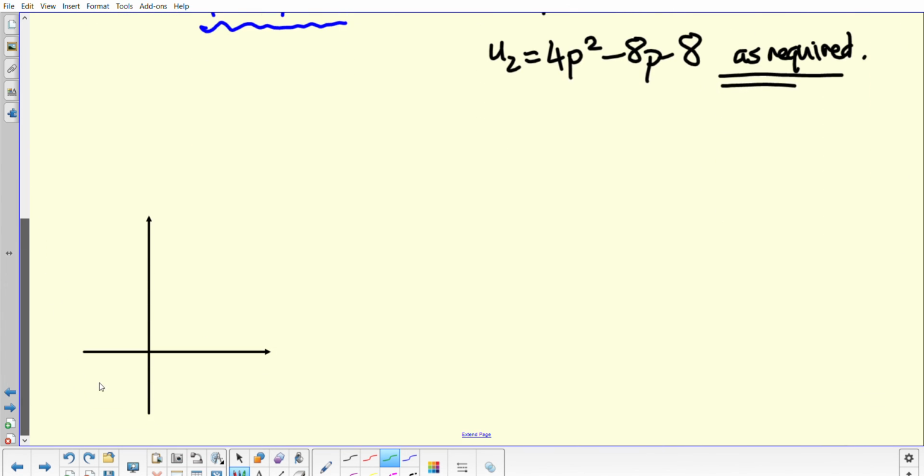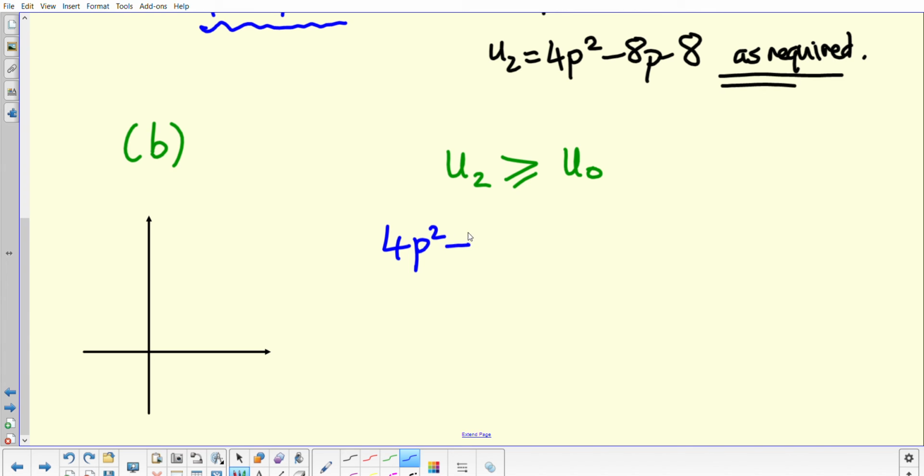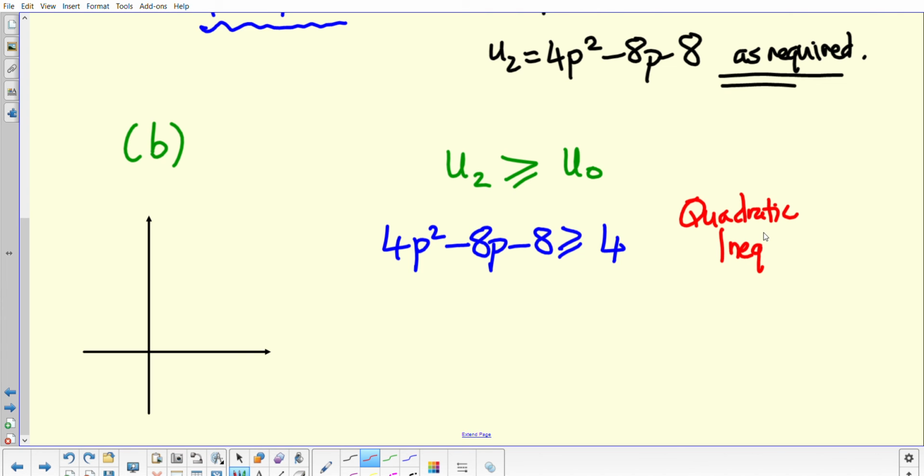So really that's your starting point when you do the part B. Now you have just written down an expression for u2, so you're going to write down 4p squared minus 8p minus 8 is greater than or equal to, our u0 had a value of 4. You were told that in the question. So this is a quadratic equation. It's quadratic because we've got a p squared term there.